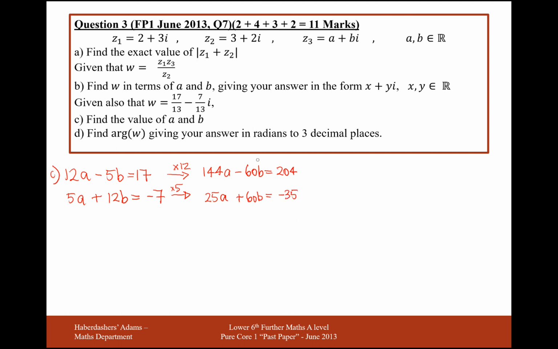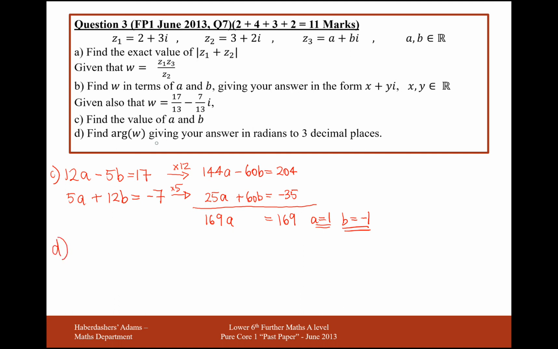Okay, so I can see I've got a plus 60 and a minus 60 here, so if I add my two equations together, then I'm going to get 169a equals 169 over here. A will therefore give you the value of 1, and plugging that into one of these here, b is going to give you the value of minus 1. Great, that was a difficult question. Part D, we're not over yet.